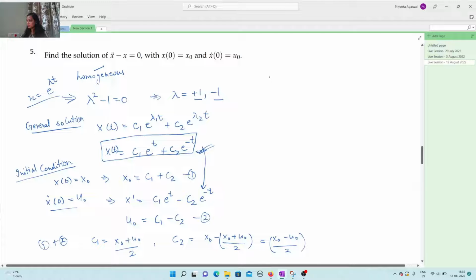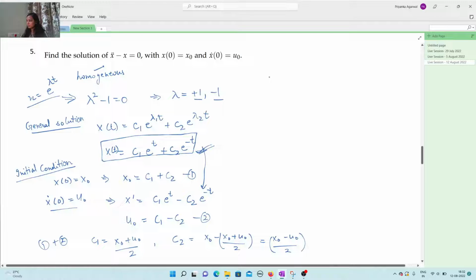Simply we substitute x equals e to the power lambda t, and this will give us lambda square minus 2 lambda plus 5 equals 0.